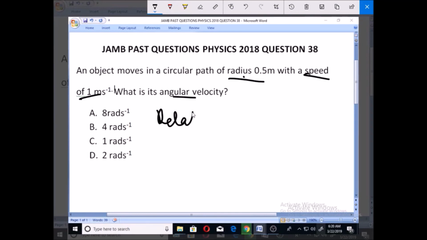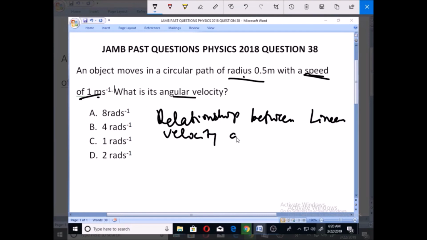So now we need to state the relationship between linear velocity, this speed given here, and angular velocity. So once we have that relationship, then it solves the problem.